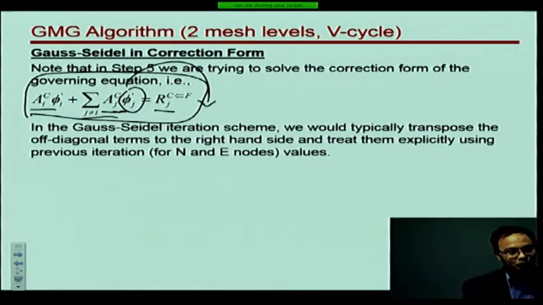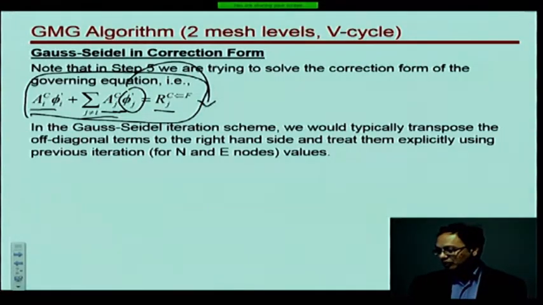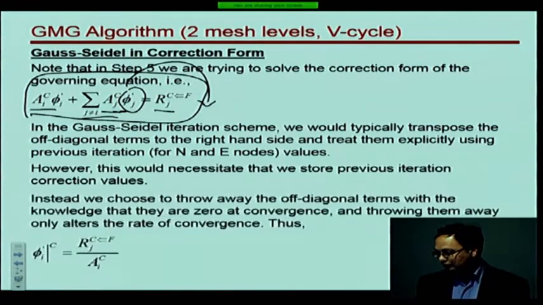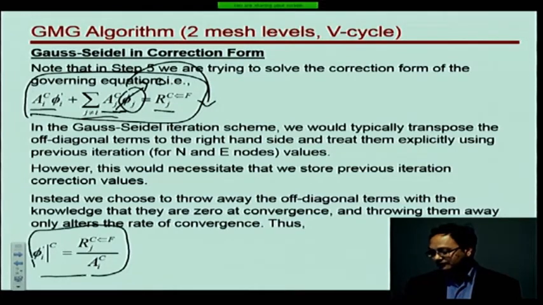You're not carrying over its value from previous iterations. So the best case scenario is you assume that it's 0. So essentially what it reduces to is this equation where this initial guess is 0, and therefore it completely drops out and you're left with that. It's basically the right hand side divided by the diagonal.